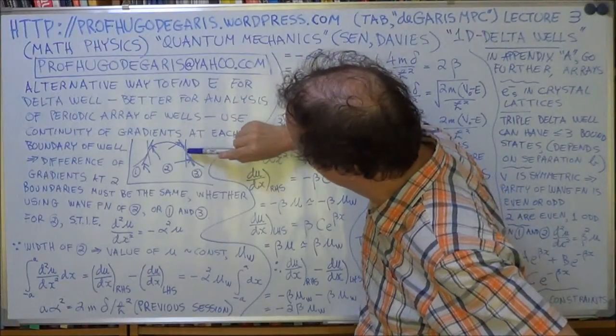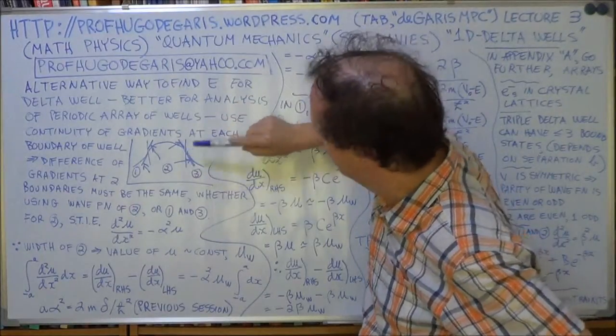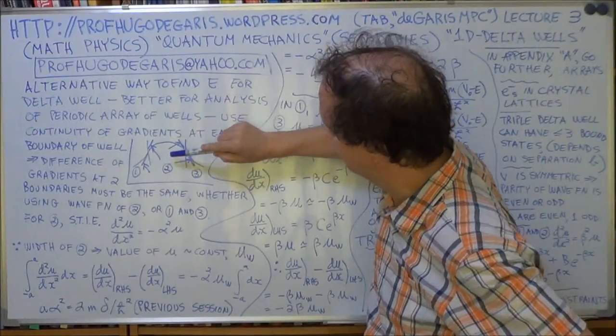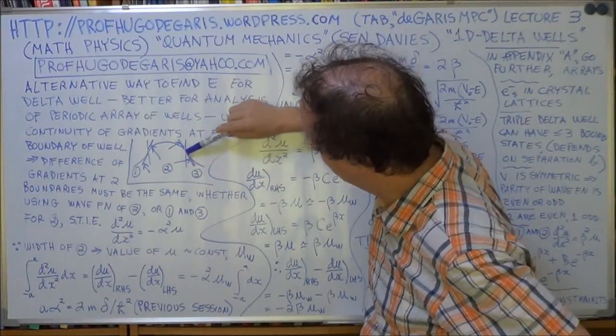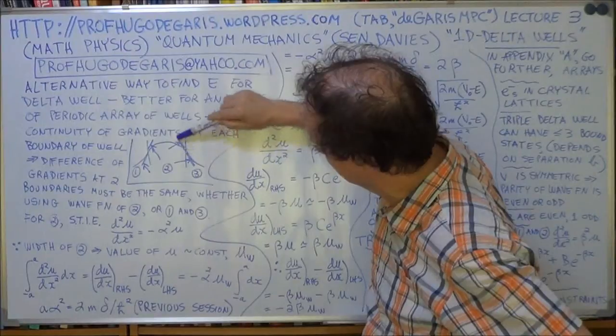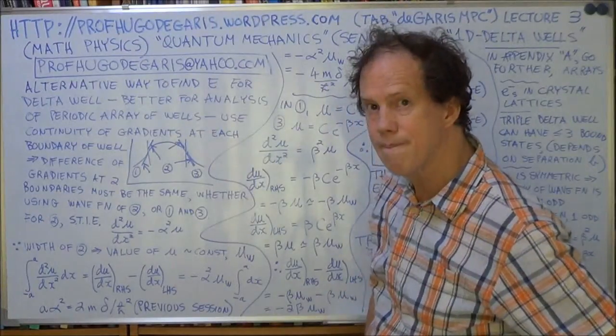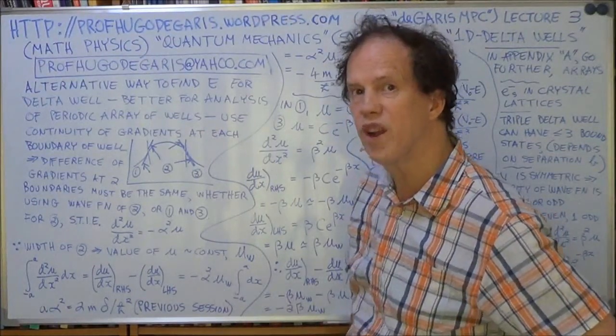So as you get infinitely close to this barrier between regions 2 and 3, that gradient there has to be equal to that gradient there. That's continuity of gradient.